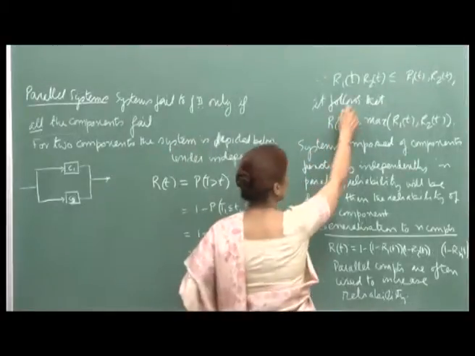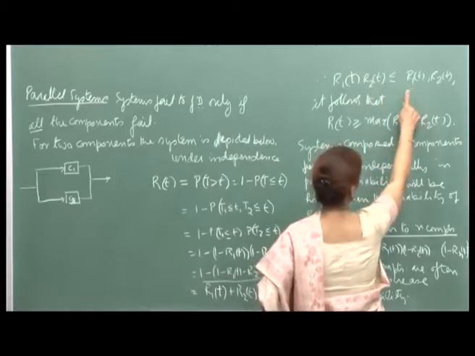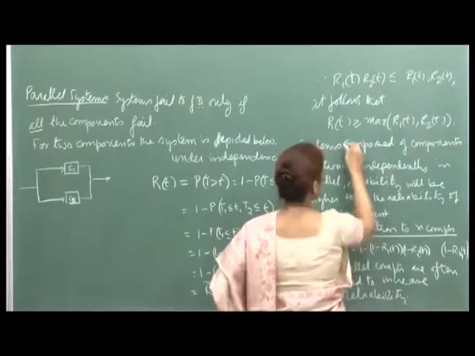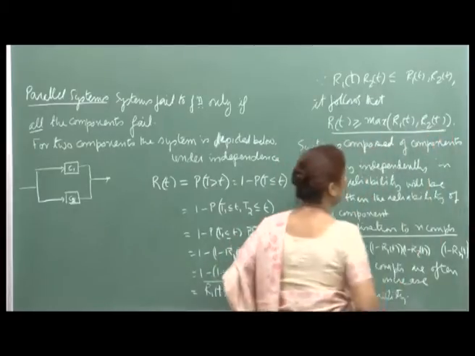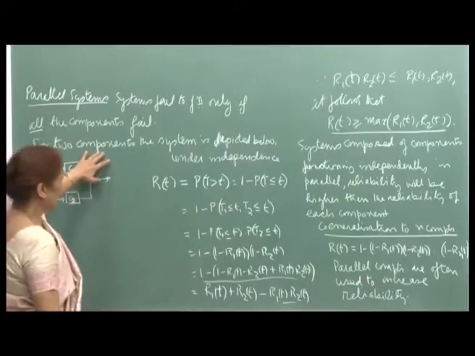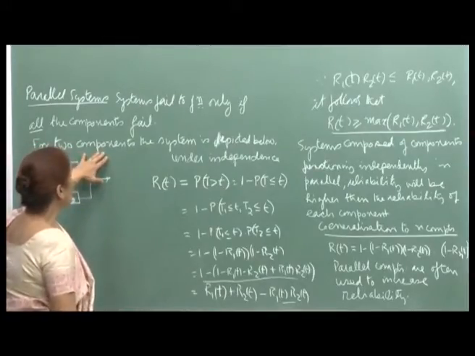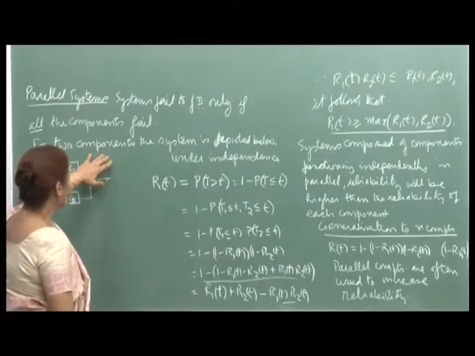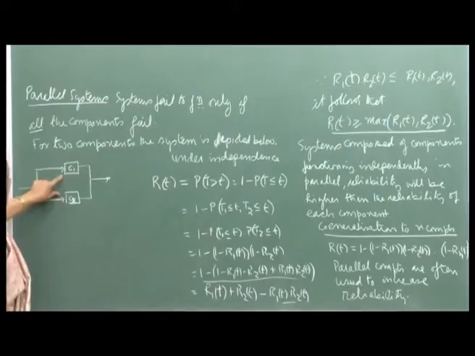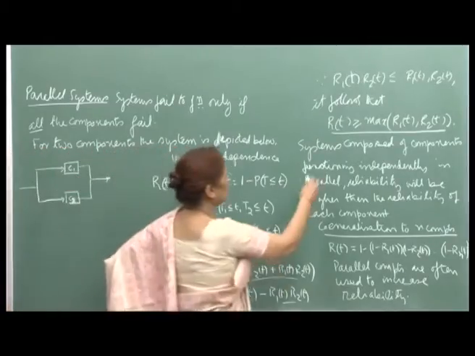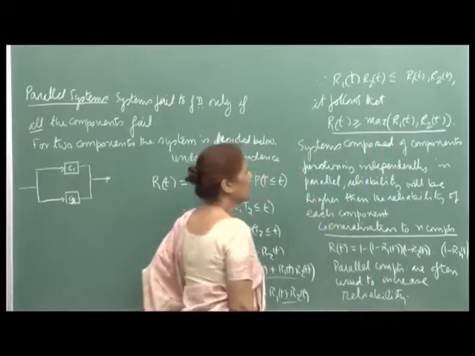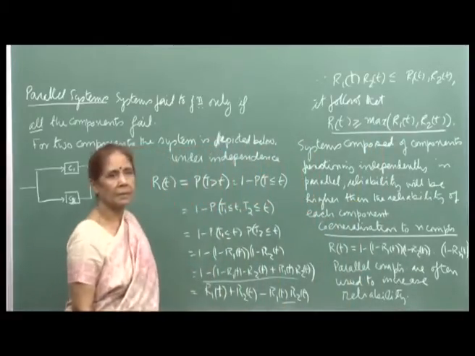That is what I have written, that since R1(t)R2(t) is less than or equal to both R1(t) and R2(t), it follows that when you have two components working in parallel, I have shown you the two systems are working in parallel, the reliability of the system is greater than or equal to the max of the reliability of the two components.